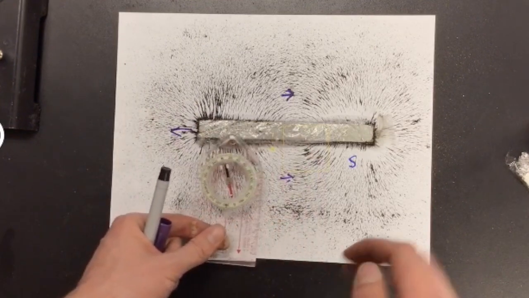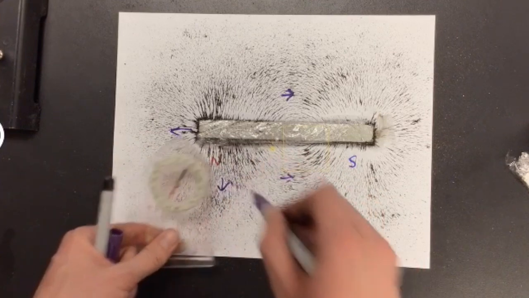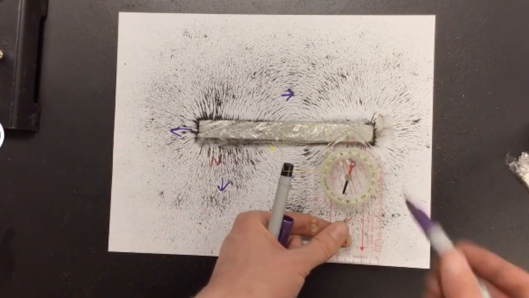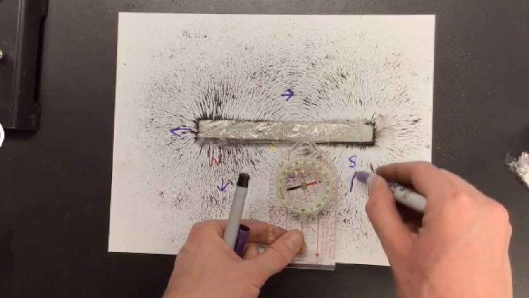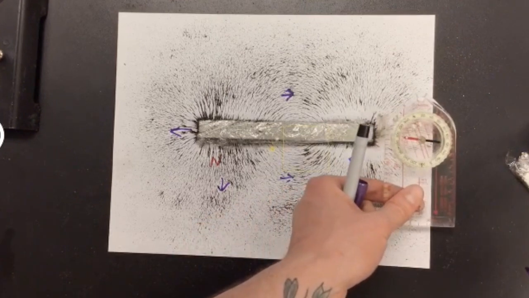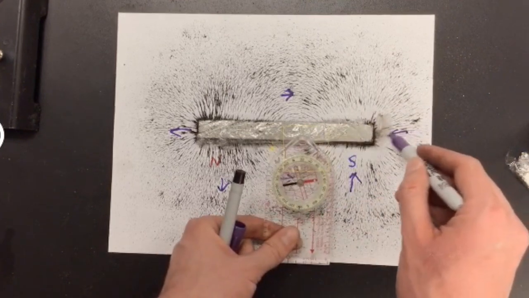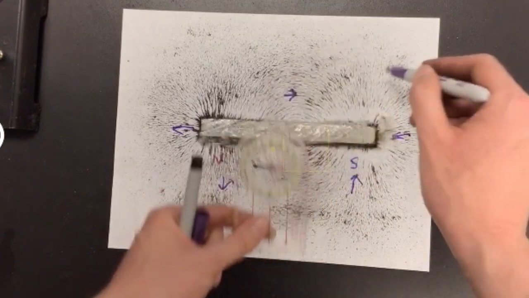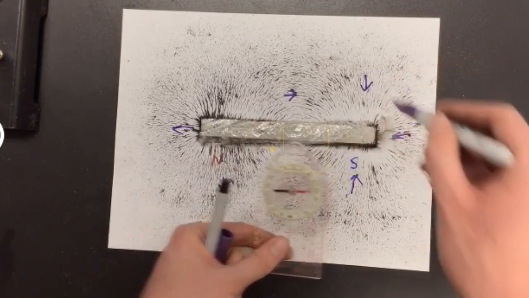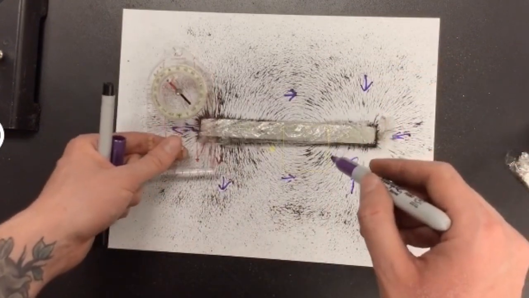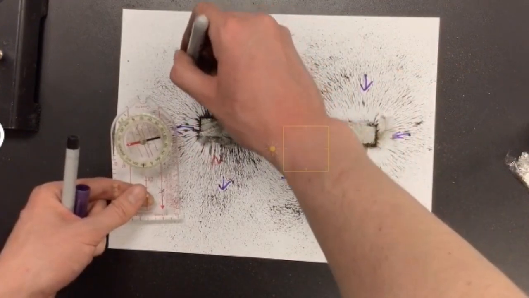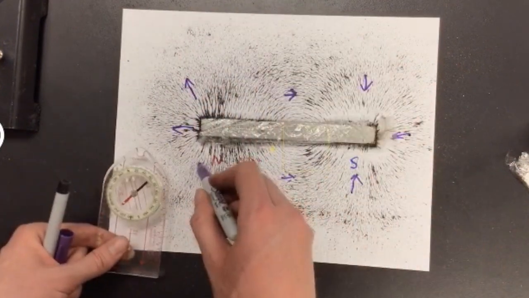What about here? Well, it's pointing out that way. Here, oh, now it's pointing into south. Okay, what about over here, right? It's pointing directly in here, down into south, here, kind of out away, here.